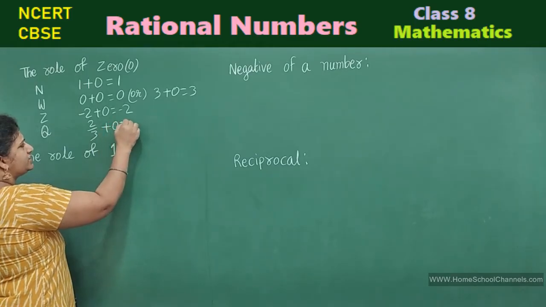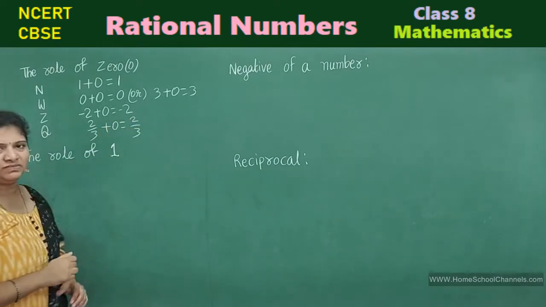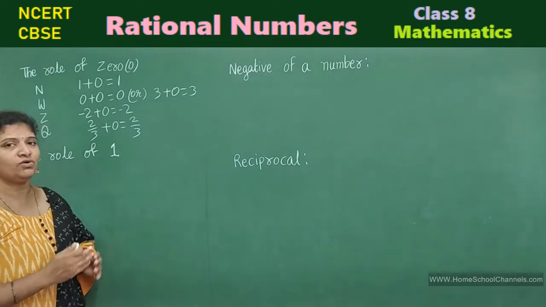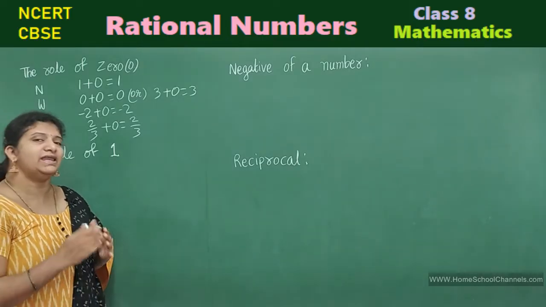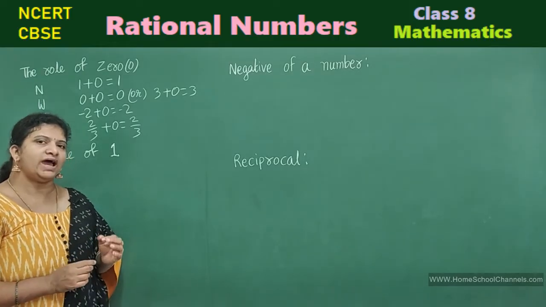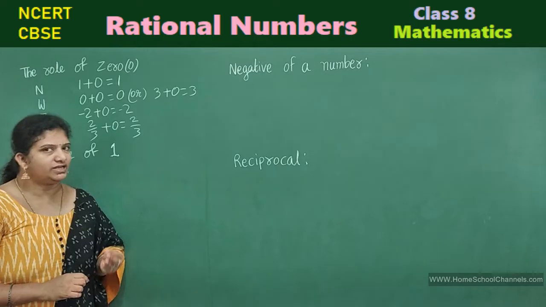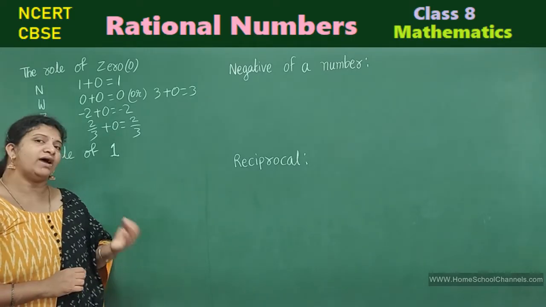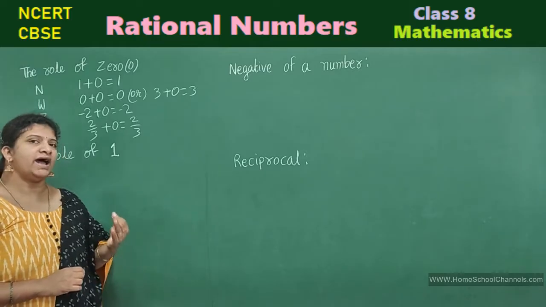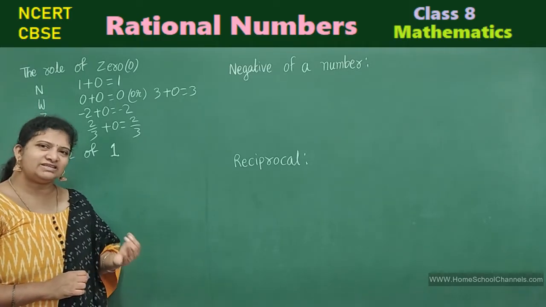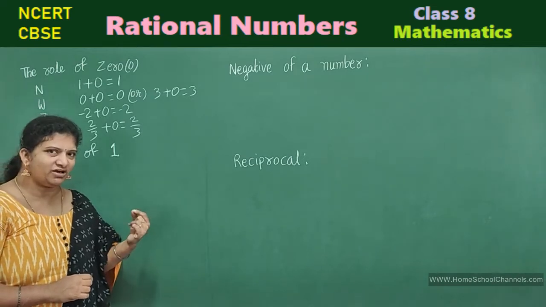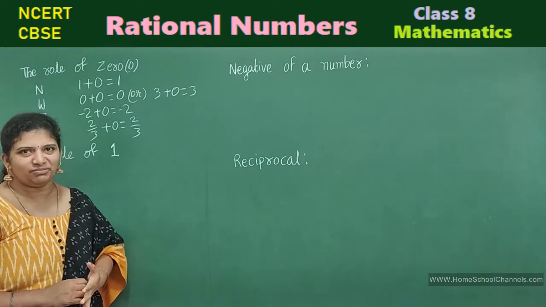Add 0 to this, you get 2 by 3. Is there any change in the number? No. If you add a 0 to any number, the result will be the same number. If you add a 0 to a natural number, the result is a natural number. If you add a 0 to a whole number, the result is a whole number. If you add a 0 to an integer, the result will be an integer. And if you add a 0 to a rational number, then you get a rational number.